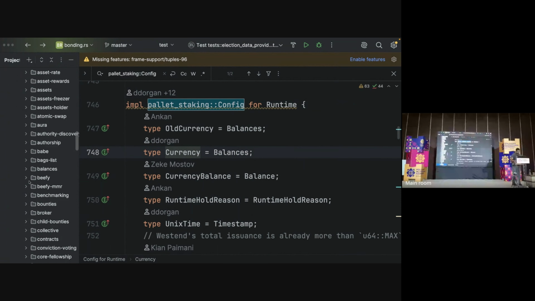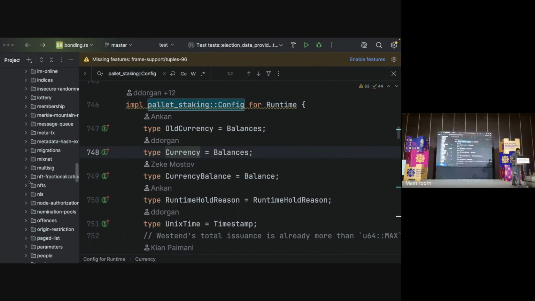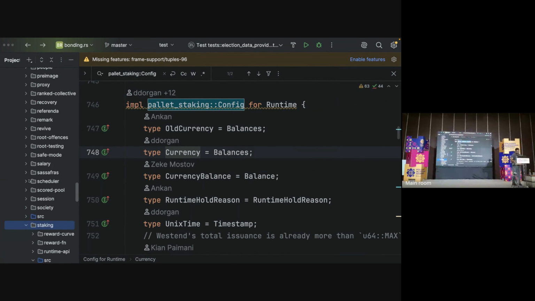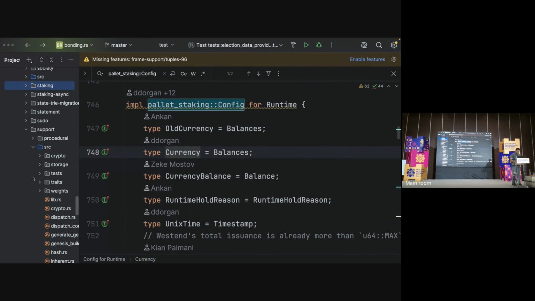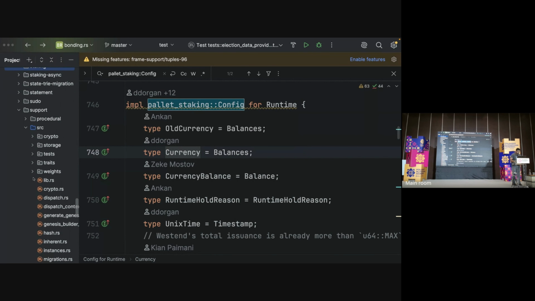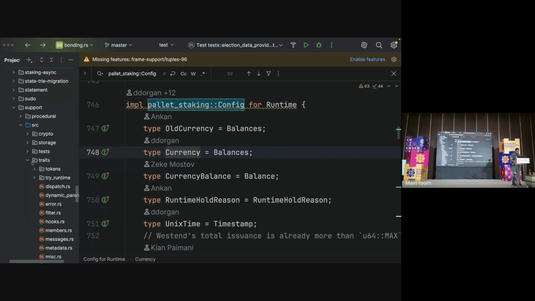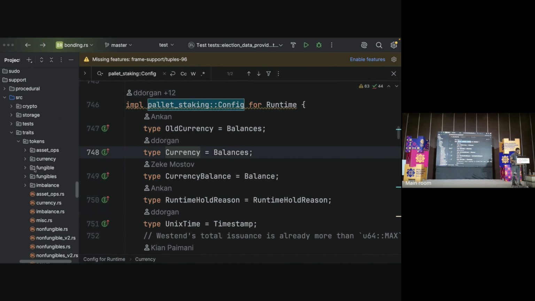So frame has this, there should be a support somewhere. Right? Inside support. By the way, this procedural has all the macros that we use everywhere. Let's see here. There should be tokens. Yeah, traits, tokens, fungible.